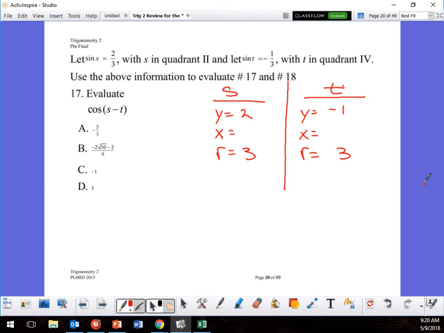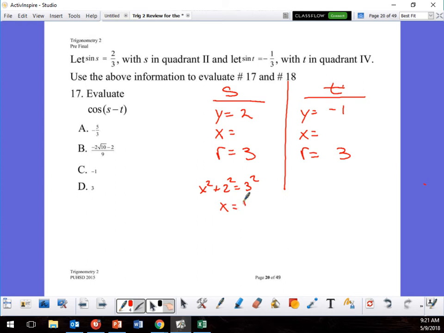So we're going to have to figure this out. How am I going to find my missing value? Pythagorean theorem, right? It's always x squared plus y squared equals r squared. So x squared plus 2 squared equals 3 squared. So it's 9 minus 4, which is 5.